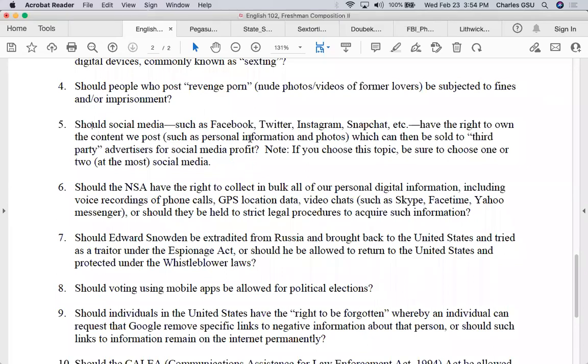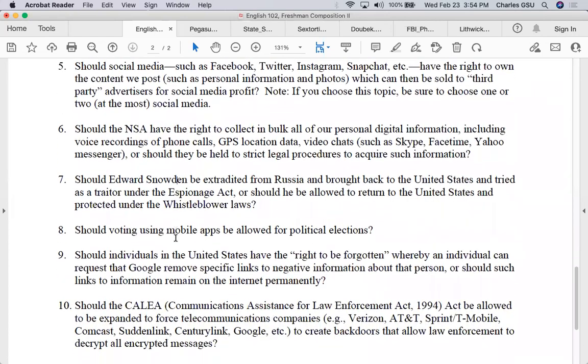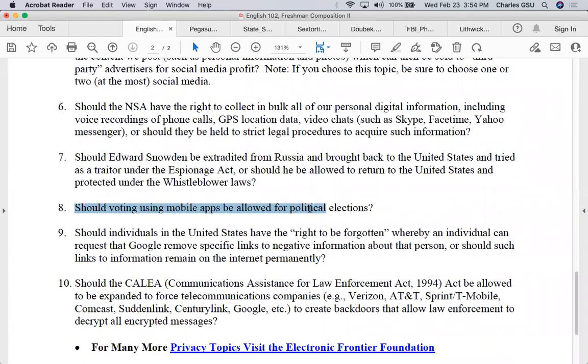So that's what this one was asking about: should we have all of our information be collected in bulk by these companies, which is currently still happening, right? I would argue no, but then, who's going to live in the early 21st century without a digital device? Yeah, pretty problematic. Voting with mobile apps, again, think of that information I just mentioned.